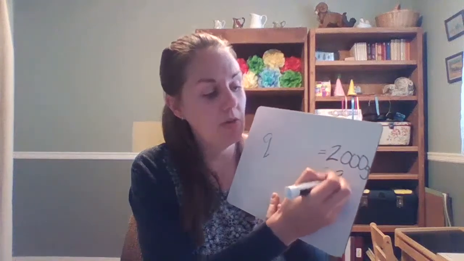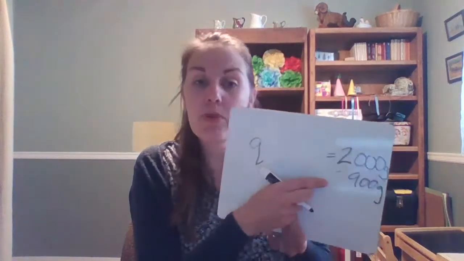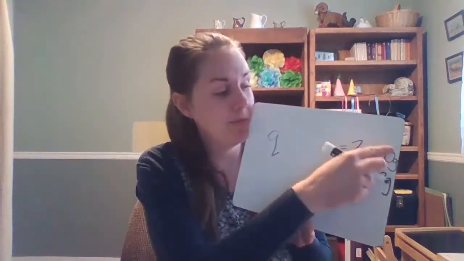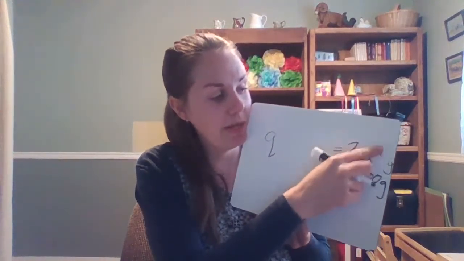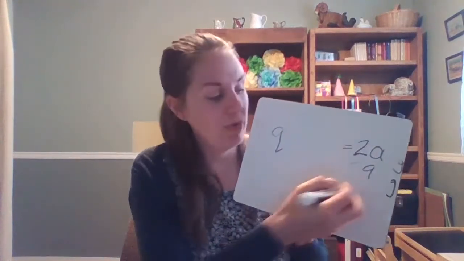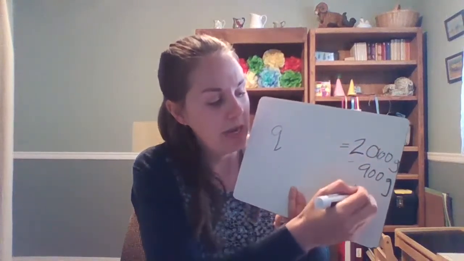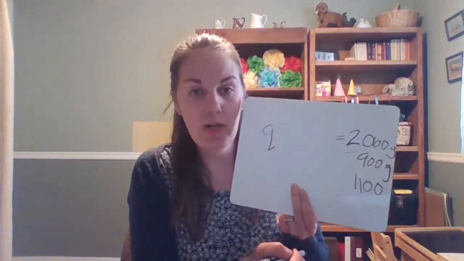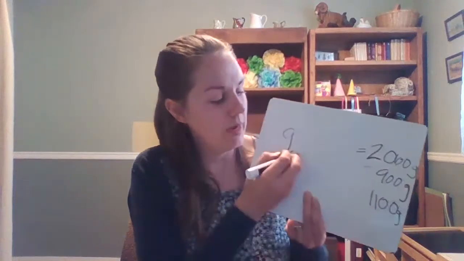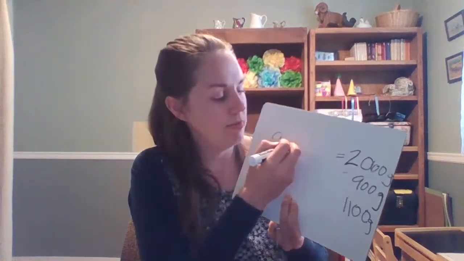So 2,000 take away 900 grams. And we already worked through that. Remember, I made the problem simpler by getting rid of zeros temporarily and saying, okay, what is 20 take away 9? We would get 11. Add in those 2 extra zeros, and it becomes 1,100 grams. So the weight of the quarters is equal to 1,100 grams.